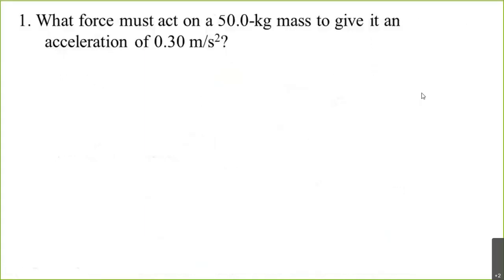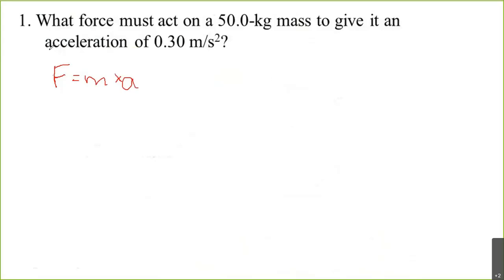Let's try a problem. What force must act on a 50 kilogram mass to give it an acceleration of 0.3 meters per second squared? All right, so if we pull out our formula, the formula is force is equal to mass times acceleration.